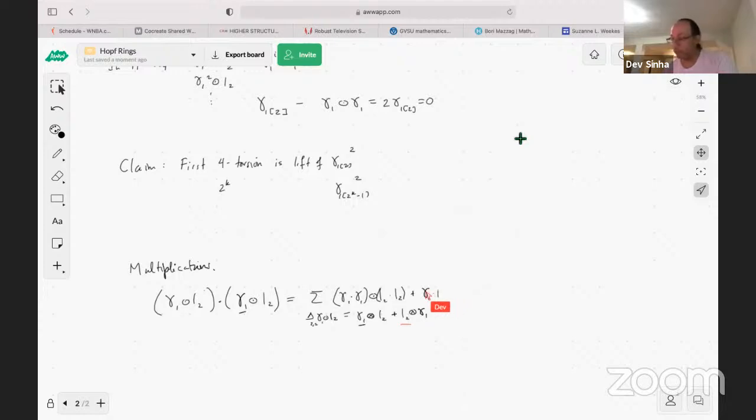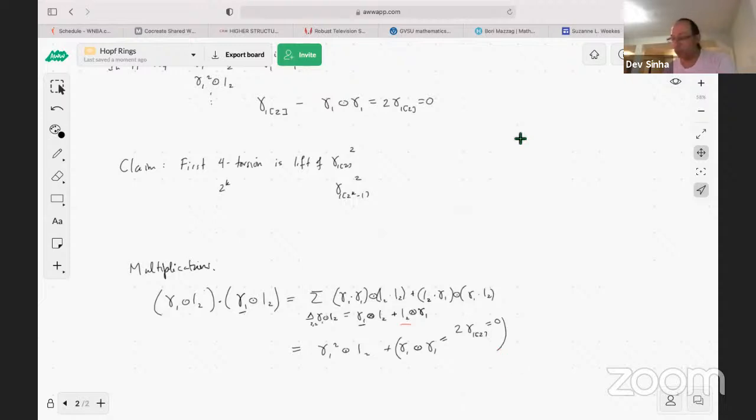Let me write them in the same order. And so we get gamma 1 squared transfer 1, 2, because it's the unit, plus gamma 1 transfer gamma 1. But this is, by divided power, equal to twice gamma 1 divided power 2, and that's 0 because we're working mod 2.